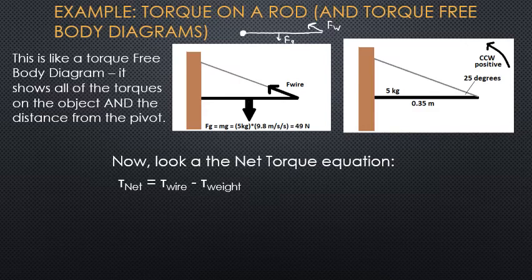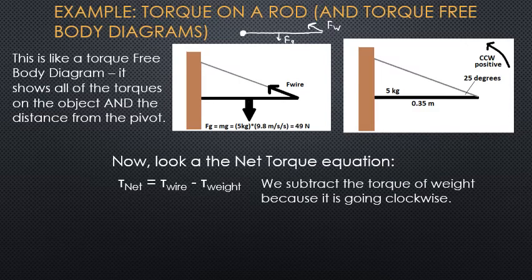So the wire is trying to go, not up, but counterclockwise in the positive direction. Gravity is opposing that force, going in the negative direction. Gravity is trying to go clockwise. So just like we just discussed, we subtract the torque from weight because it's going in the negative direction, which is clockwise.